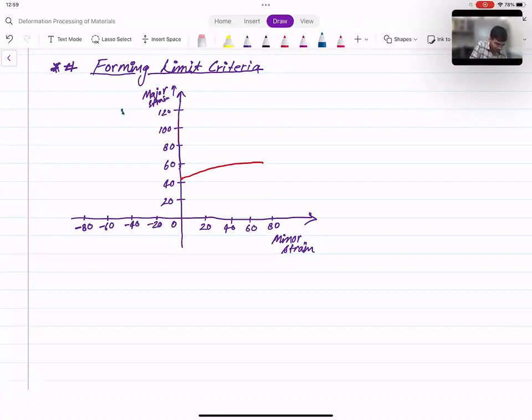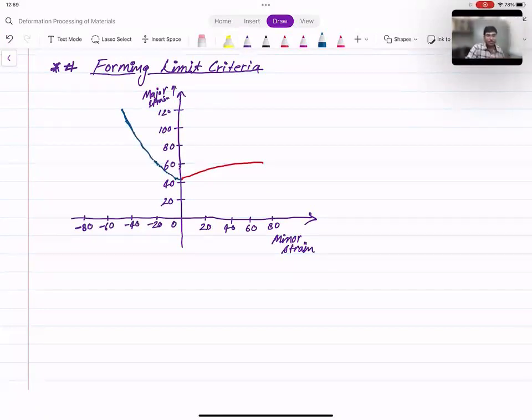So this will be like this. So this is the Goodwin region.